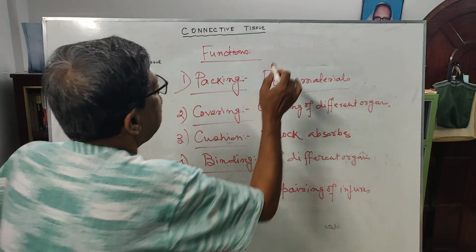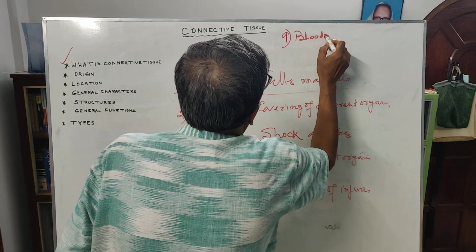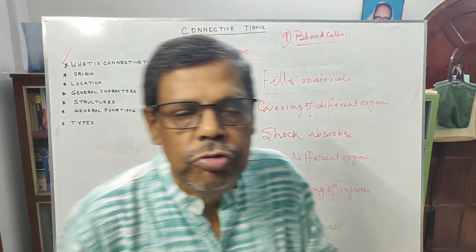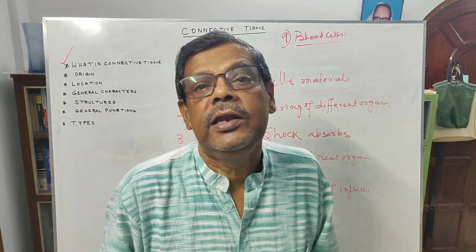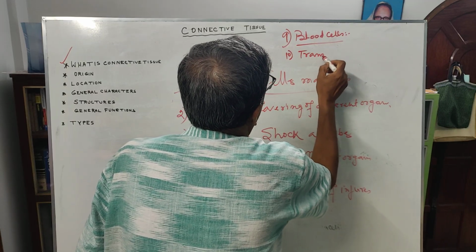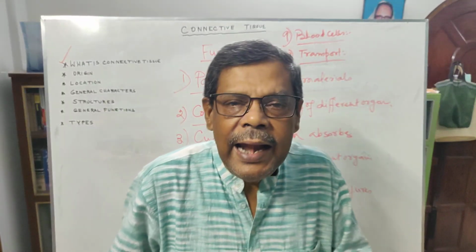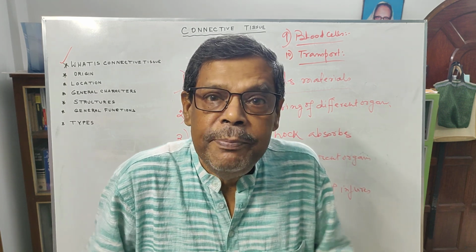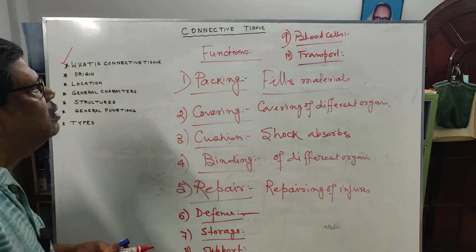Number 9, blood cells. Blood cells are produced in the marrow of bone, which is a connective tissue. Number 10, transport. Blood and lymph, which are connective tissue, transport different materials in the body. These are 10 functions of connective tissue.